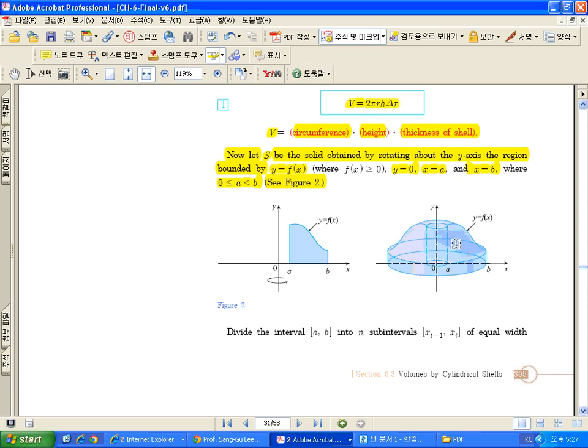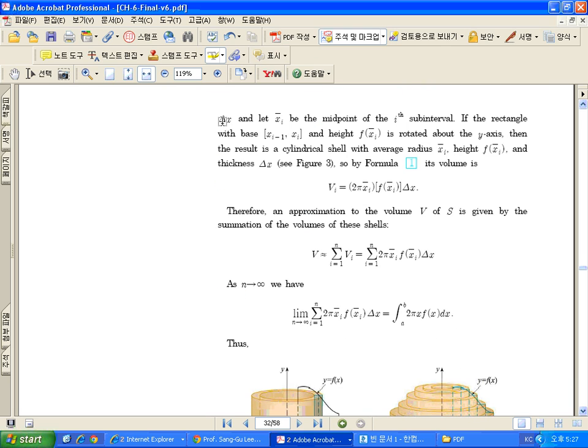In order to find the volume of this object, we divide the interval from a to b into n sub-intervals, and let's find the midpoint in each interval, and then use the formula to get the volume of each slice, which is Vi = 2π r f(r) Δx.